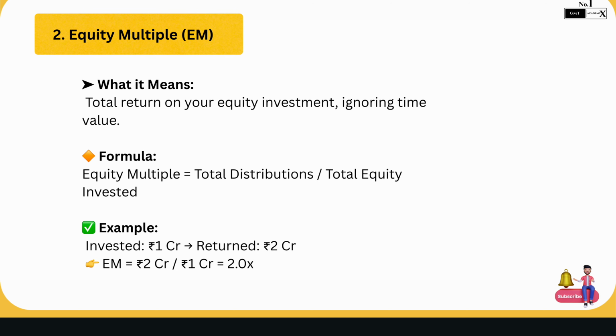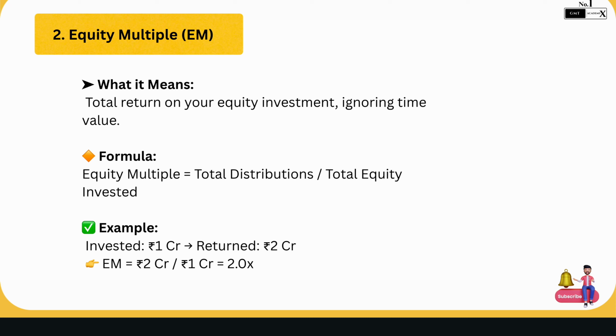Second, the key performance indicator or ratio is equity multiple. It means total return on your equity investment, ignoring time value. This is because in IRR the time value is adjusted, but in equity multiple it's just a simple multiplication.